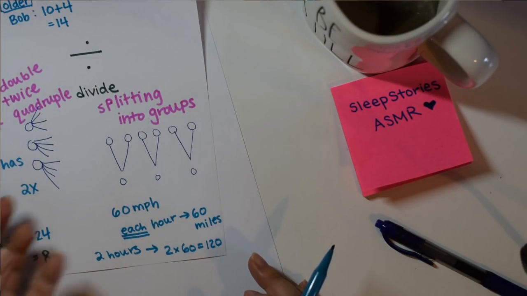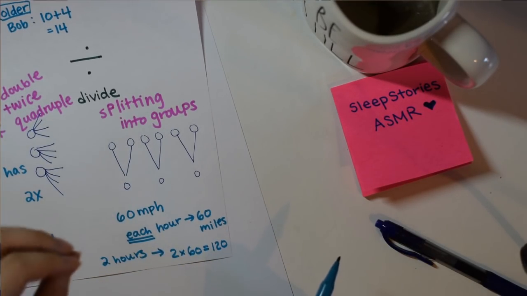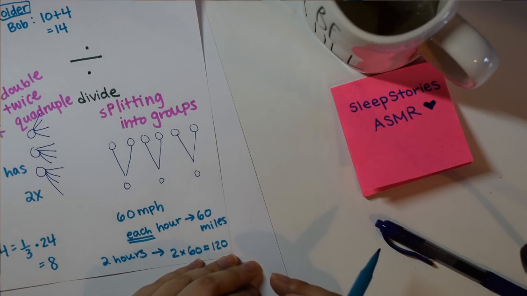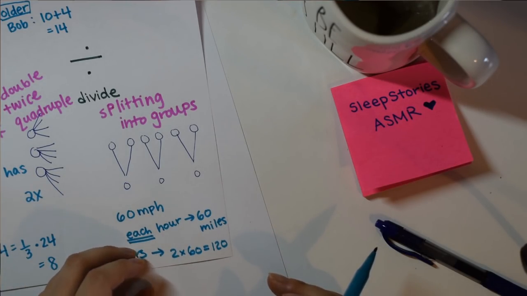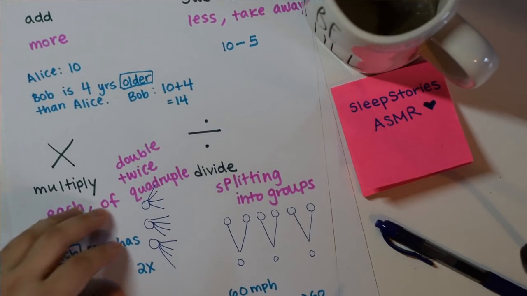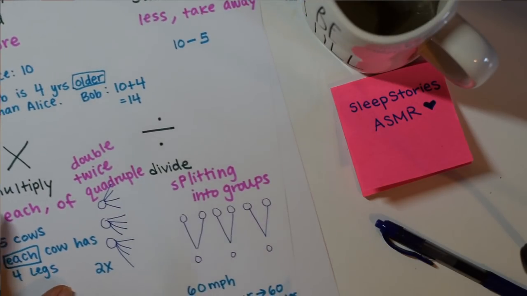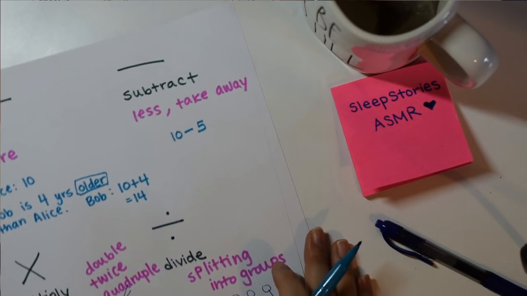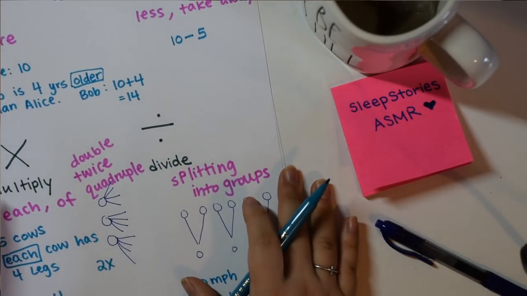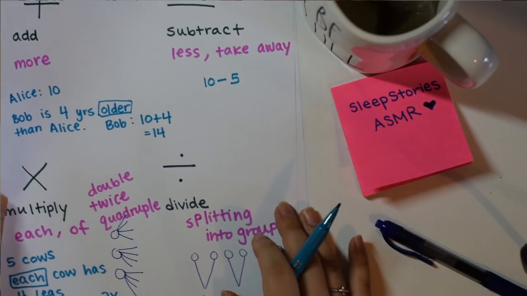Even if it says 60 miles per hour, it's miles per hour, each hour. So if I give you the number of hours, then I am multiplying. See that? Multiplying. I hope that kind of makes sense. If you have a specific word problem involving these that you want to go over, we definitely can.